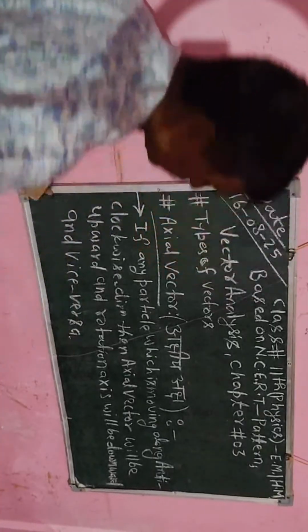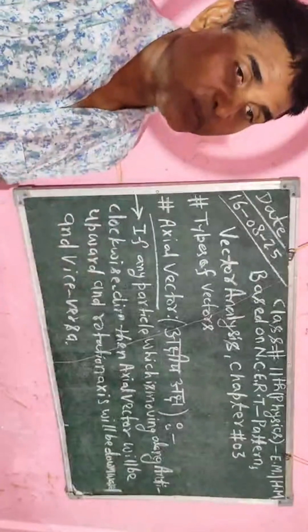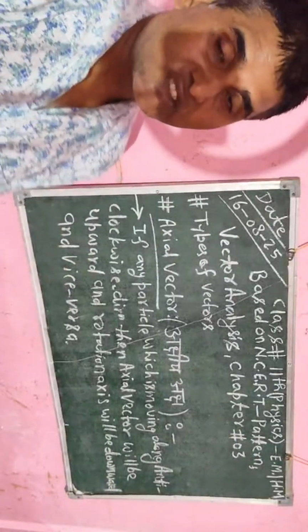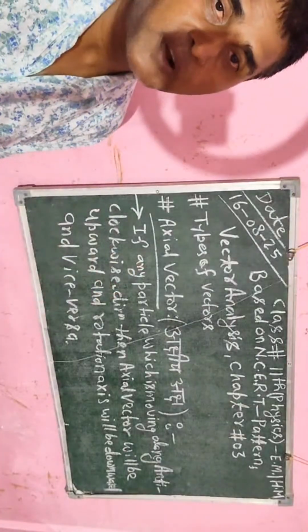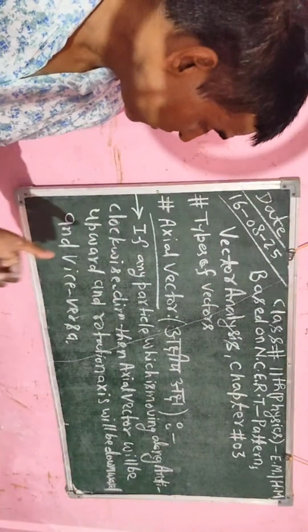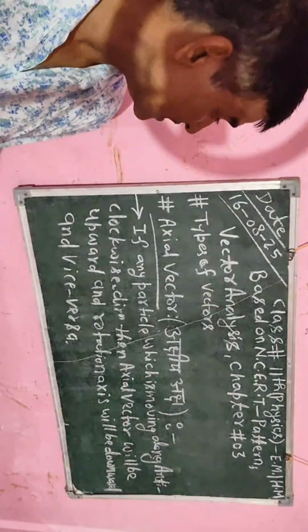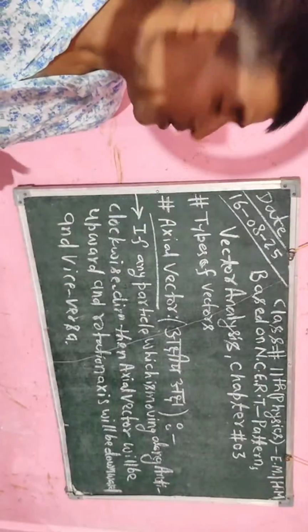So this is the required concept. Here I have explained that if any particle is moving in anti-clockwise direction, the direction of the axial vector will be upward, but if the particle moves along the clockwise direction, in this case the direction of the axial vector will be downward, but the rotation will be opposite.